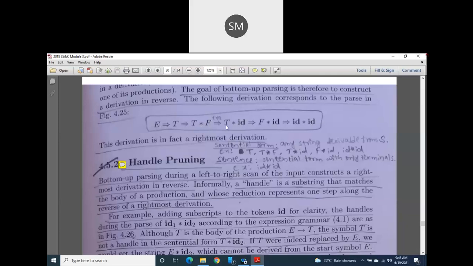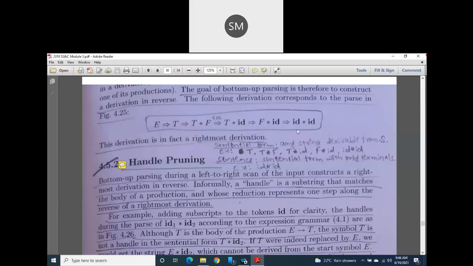Now I expand this T to F, then finally I replace F by id. This is rightmost derivation, because you keep on expanding the rightmost non-terminal.